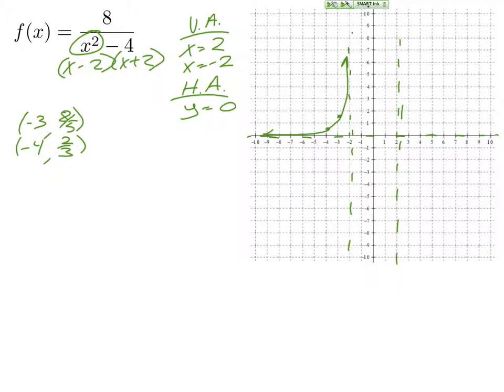Okay, let's check the middle one. So let's do -1, 0, and 1. So if I plug -1 in, that makes it 1 minus 4, which is -3, so that gives me -8/3.